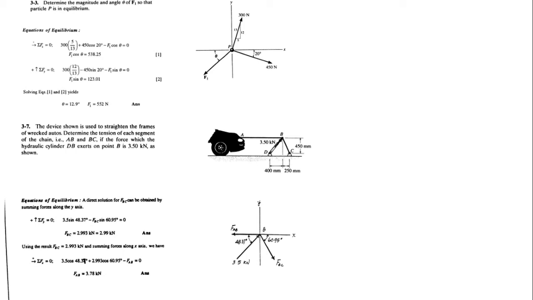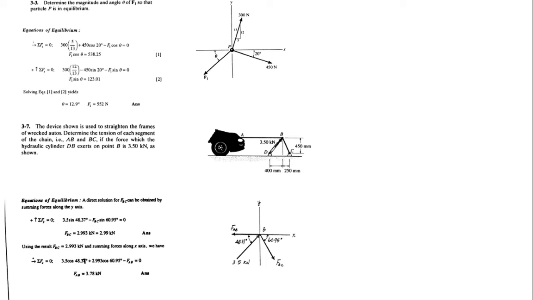We again go to the unknown force. It will be F1 sine theta, but when you resolve it, the vertical component of force F1 lies along the negative axis compared to the positive y, so it comes out to be minus F1 sine theta is equal to 0. So F1 sine theta is equal to 123.01. This is equation number 2.